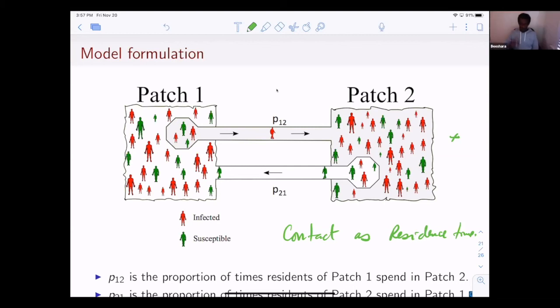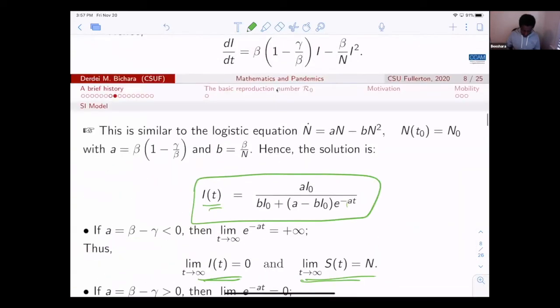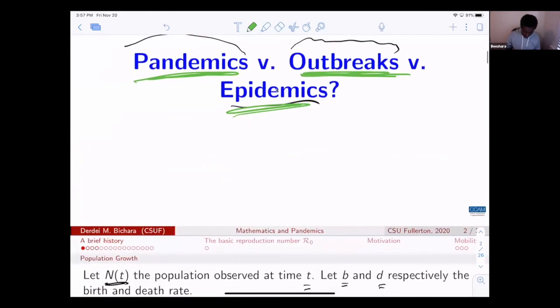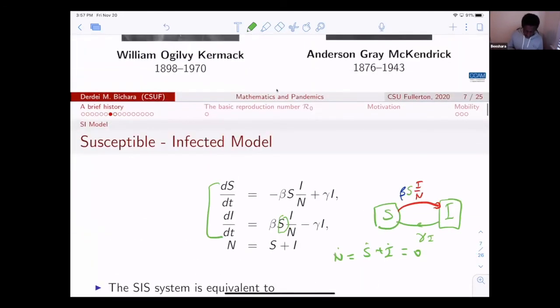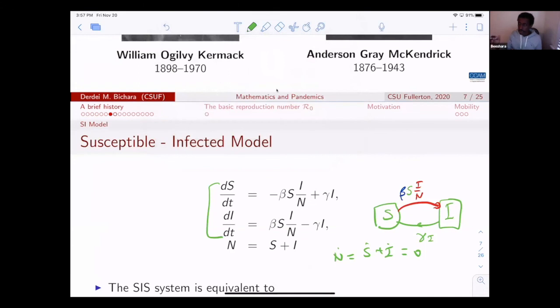Yes. Thank you. So if we get back to what we did here. Here people are getting recovered, but if you are recovered, you become susceptible again.